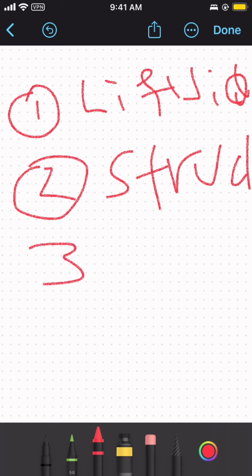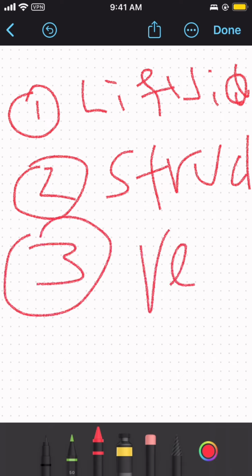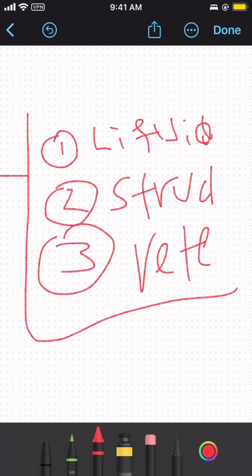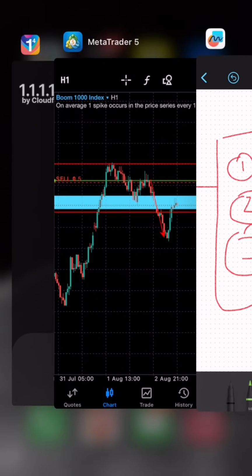Step 3, retest. When the price retests that important structure, you have to take a trade over there, either sell or buy. So these 3 will be our very important principles. Always wait for this, either buy or sell: liquidity, structure getting broken, and a retest. That's what I did here.